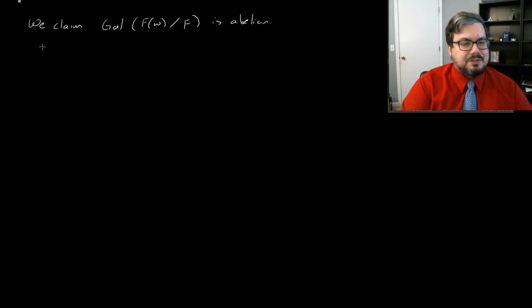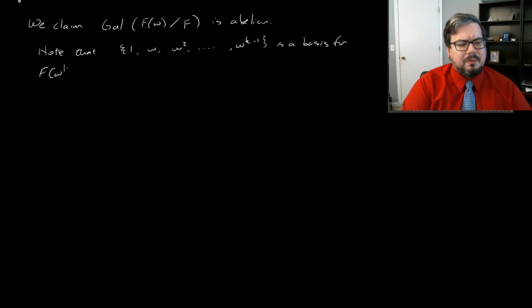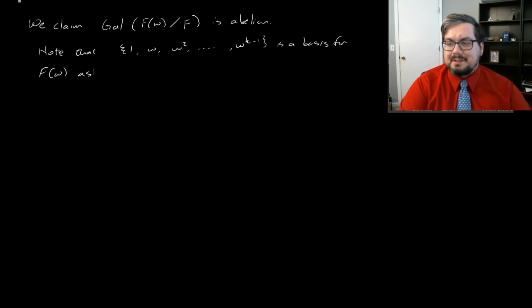So to see this, note that 1, omega, omega squared, up through omega to the m minus 1 is a basis for F(omega) as an F vector space.